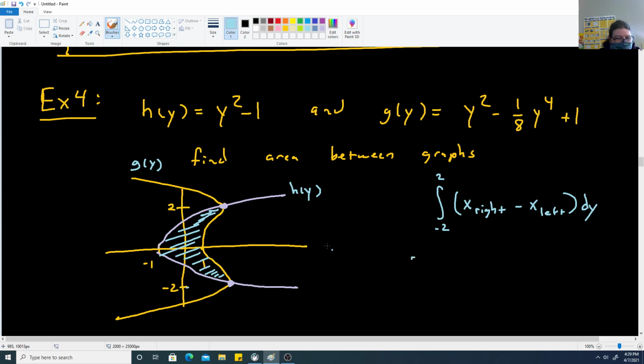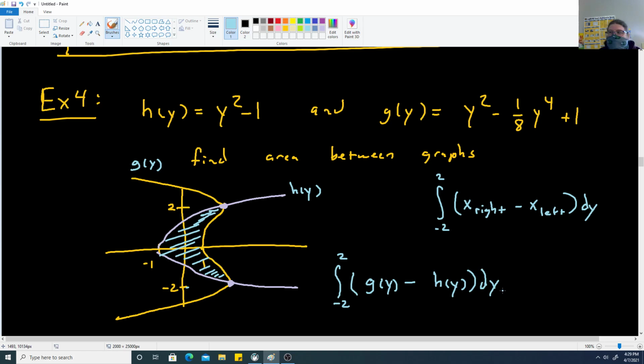So we're looking for our integral from -2 to 2. The right function is going to be g of y, because that's on the right-hand side from negative 2 to 2. So we have g of y minus the left-hand function, which will be our parabola, because over the region between 2 and negative 2, the parabola is to the left the whole time, so that'll be our h of y function.